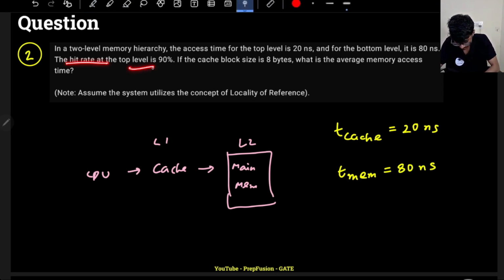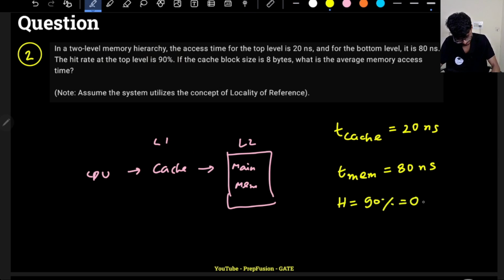The hit rate at the top level is 90%. So basically the cache hit rate, the top level being L1, is 90%, that is 0.9.